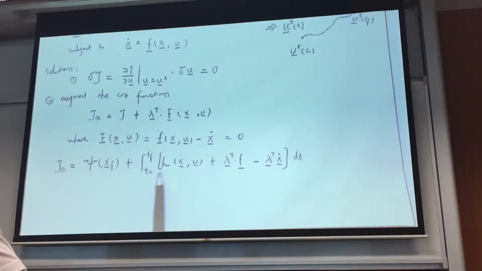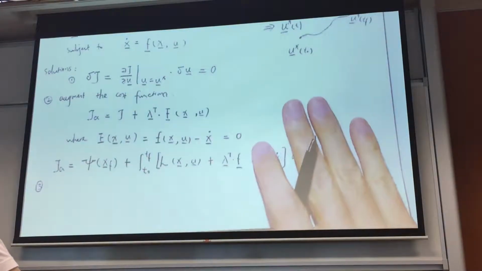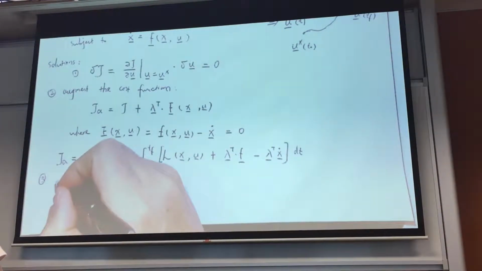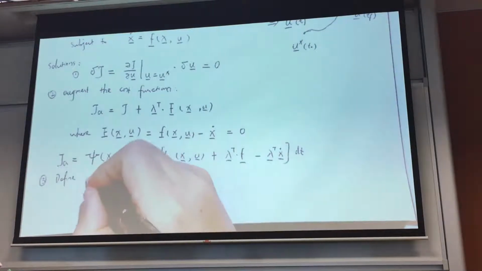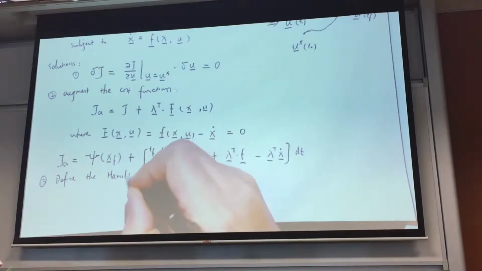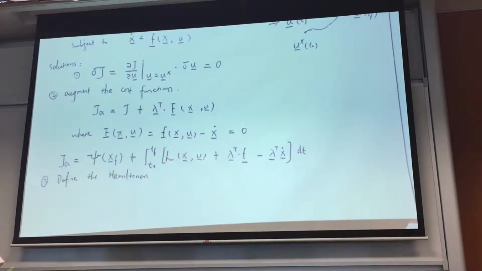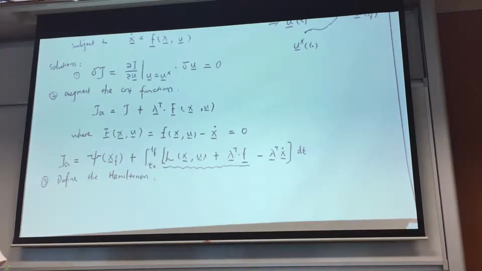In this part, it's important to define the Hamiltonian, to identify where the Hamiltonian is. So the next important step is to define the Hamiltonian. Remember, we want to define this part to be the Hamiltonian.